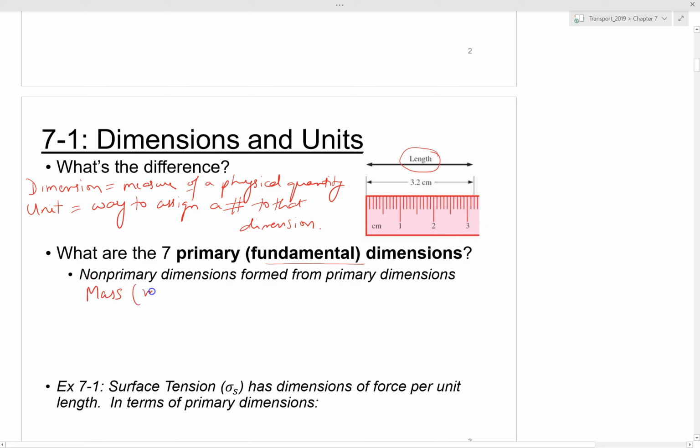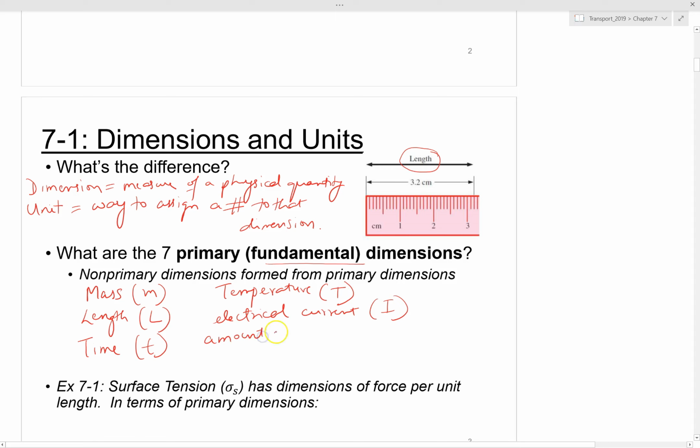First is, as we have seen, mass, M, length, L, time, t, temperature, T, this is capital T, electrical current, I, amount of light, C or candela, amount of matter, N, or like you have moles, like this is the Avogadro's constant.